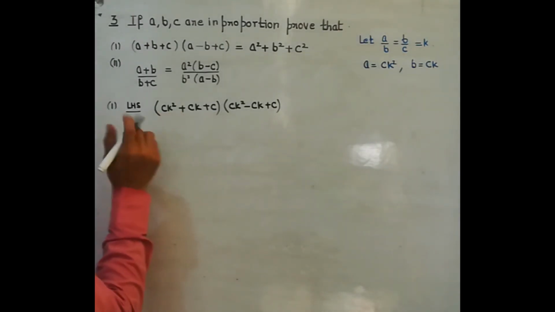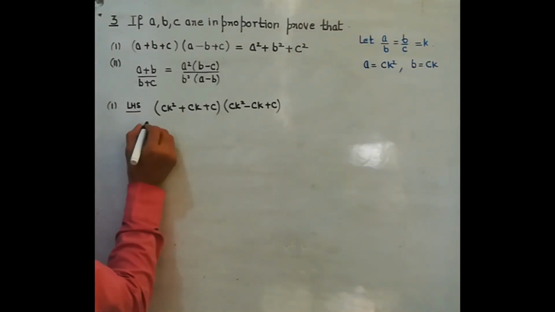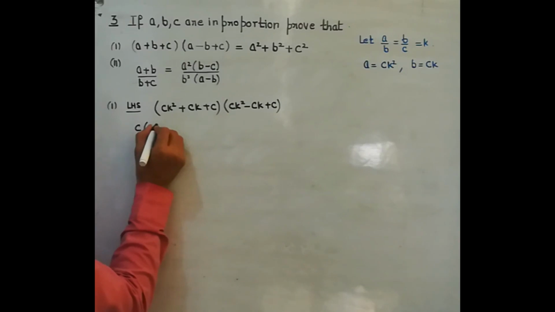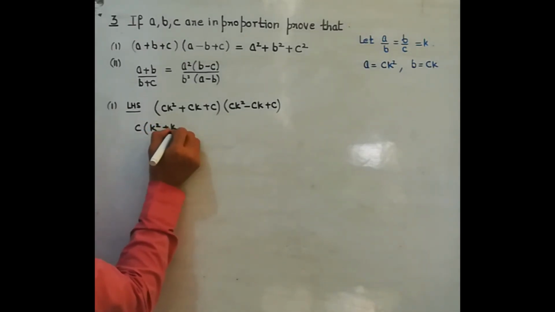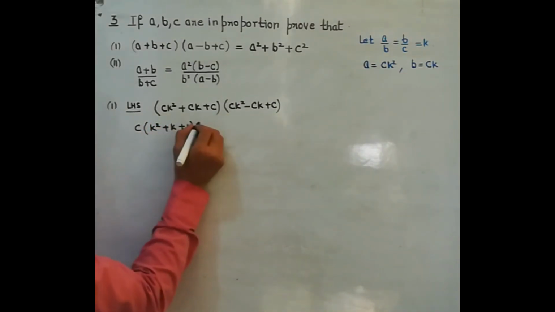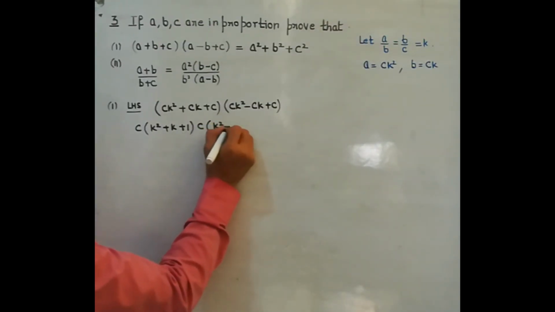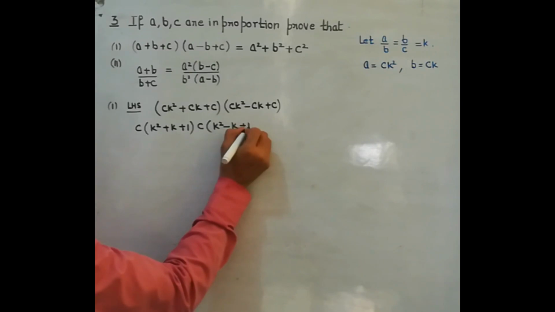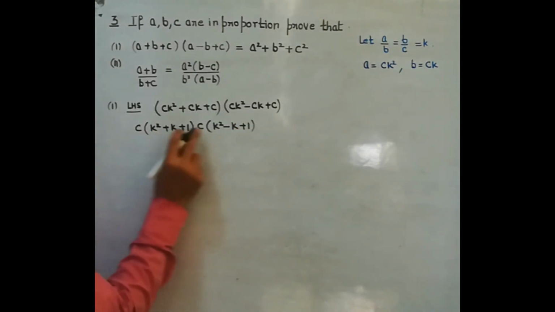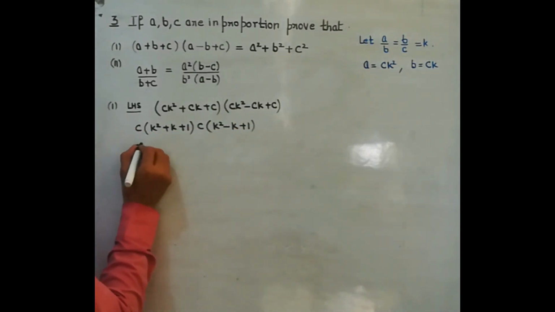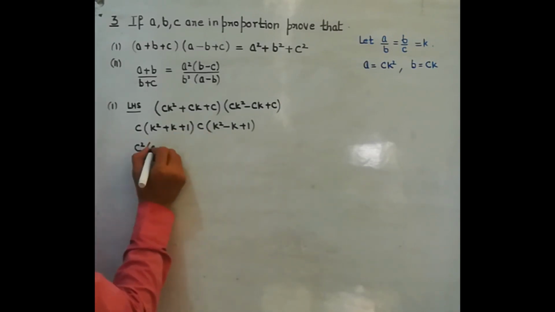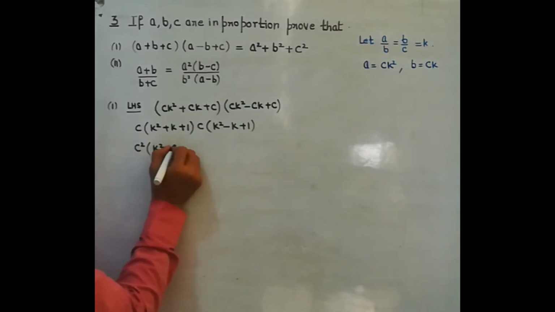Now what will be common from the first bracket? C is common, so k square plus k plus 1. Here also C is common: k square minus k plus 1. So C and C multiplied will give you C square, and then these two brackets are to be multiplied.